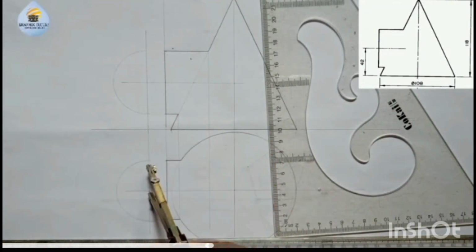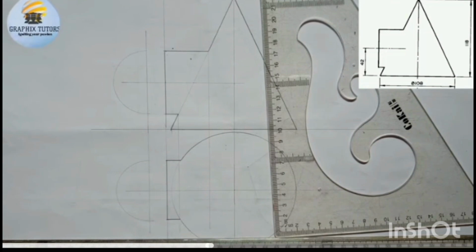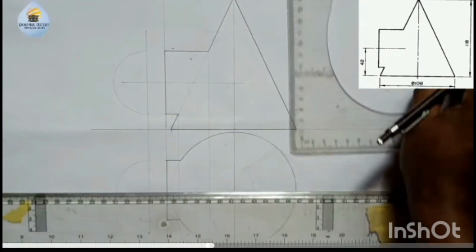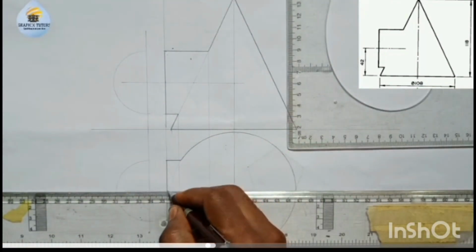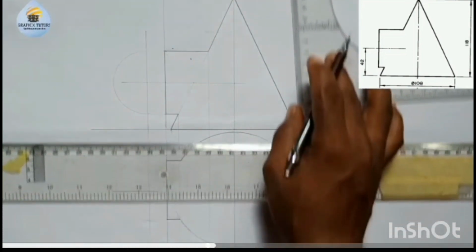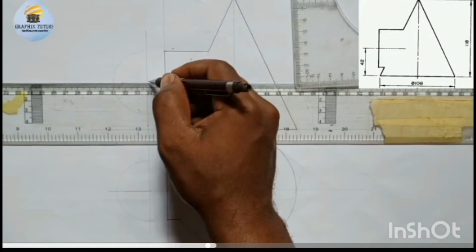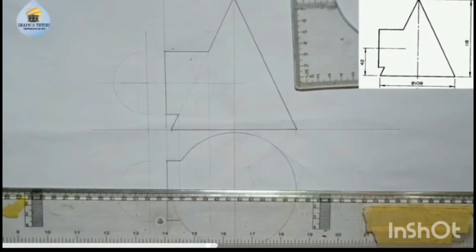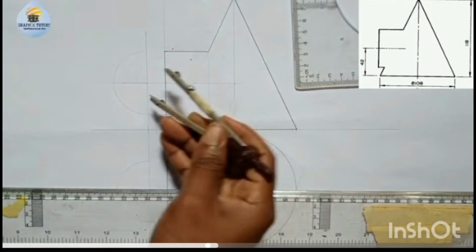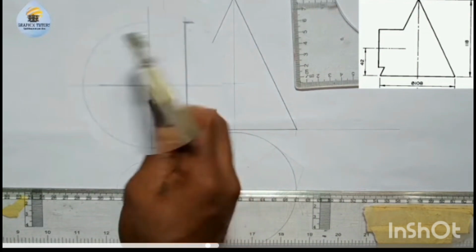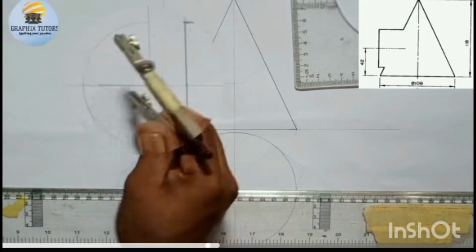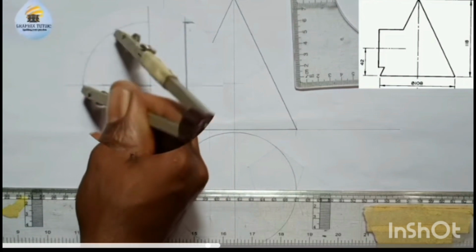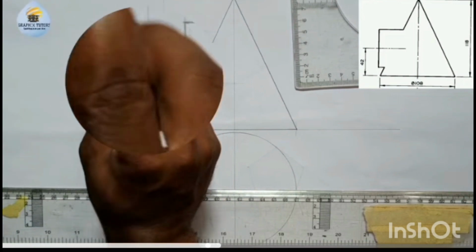Is that okay? Now once I've done that, I'm going to divide my semicircle the way I've been dividing the semicircle. So if I place it with the radius of here to here, which we used to draw the semicircle, you can see that. I'll place it here, I'll mark up, and I'm going to mark down.